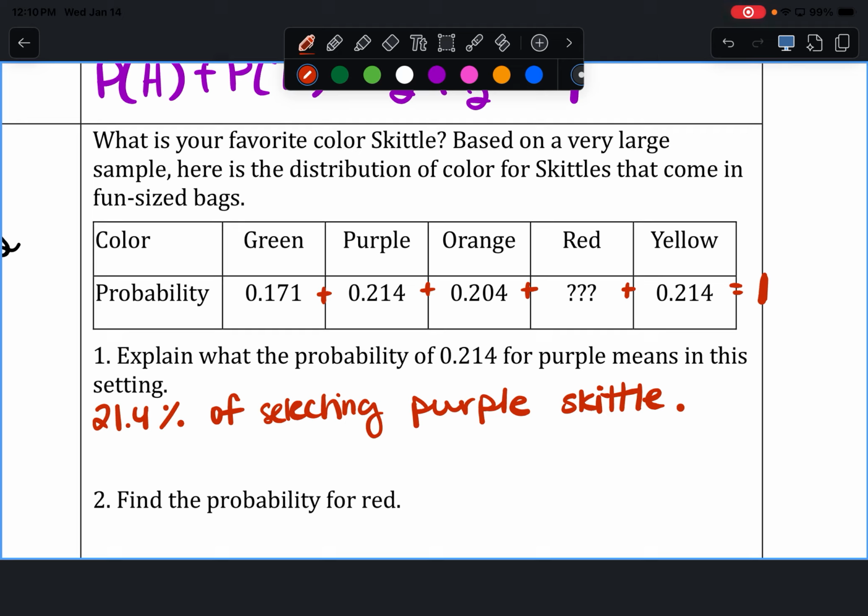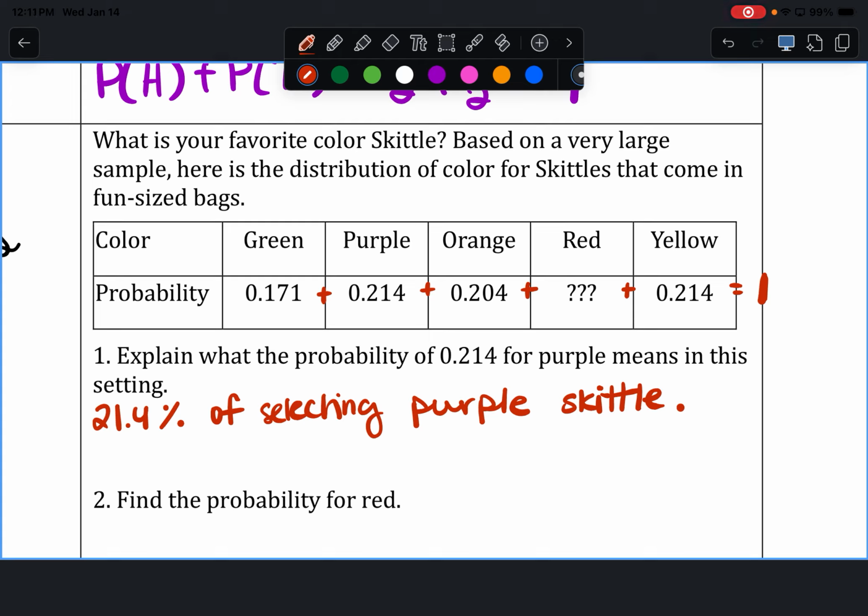Because if I'm sitting here talking to you and I tell you, oh, you have a 0.21 chance of that happening, you're going to kind of look at me like, what do you mean? Because it doesn't make as much sense when we're trying to explain what 0.21 is. But 21%, that's something that most people can conceptualize really easily, right? So whenever it says explain, that's when it wants you to use percents. Any other time, we will leave it as a decimal or fractional equivalent, okay?